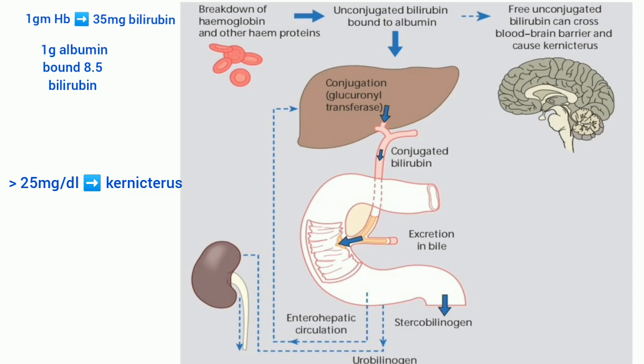Stercobilinogen is responsible for the brown color of stool. Urobilinogen is transported by the blood to be excreted with urine.